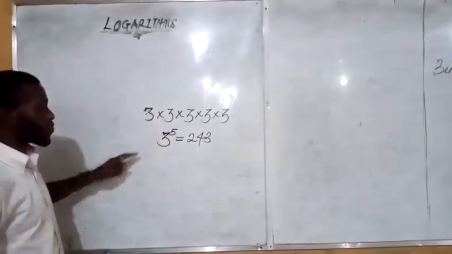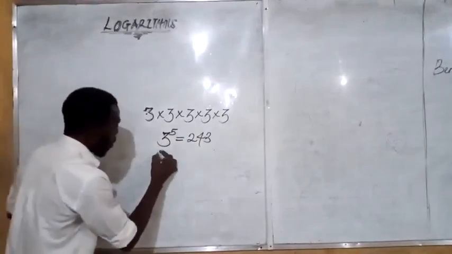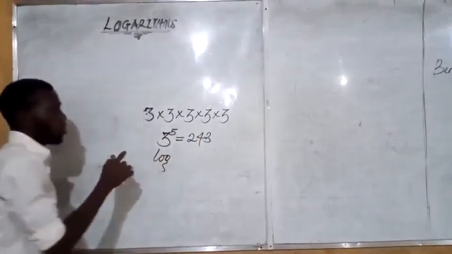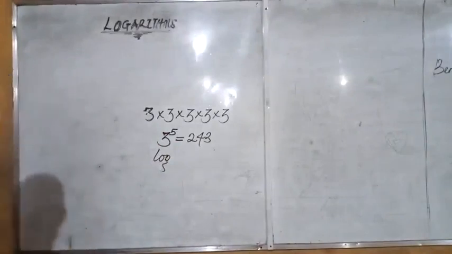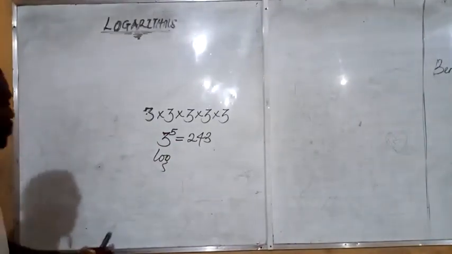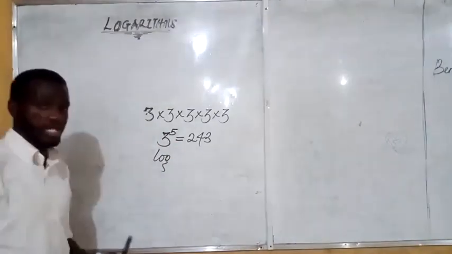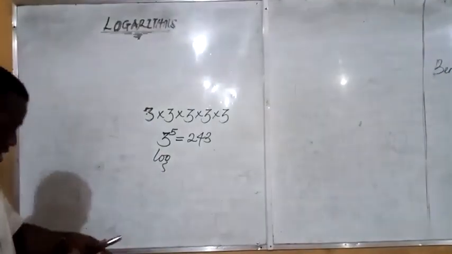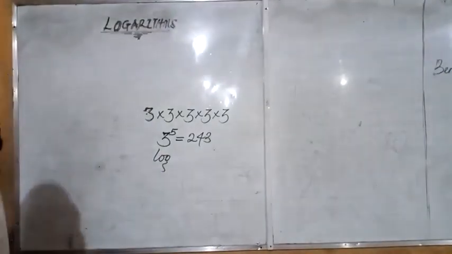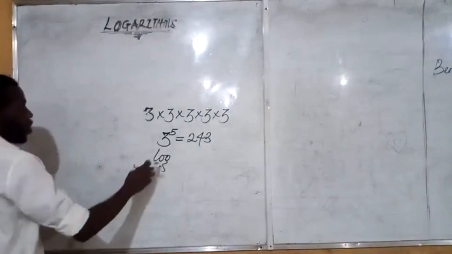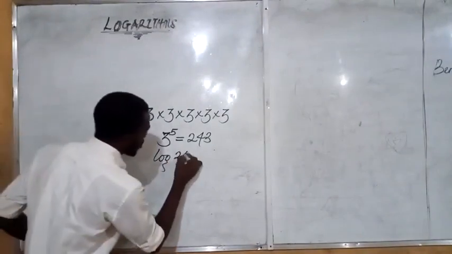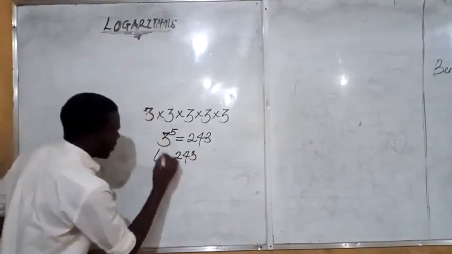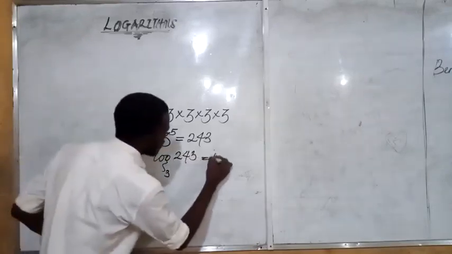In logarithmic form, I will write log, because log is the shorter form of logarithm. Now, log of 243 base 3 is equal to 5.